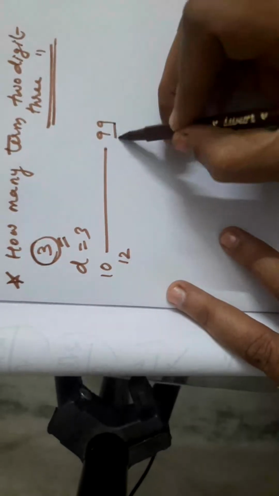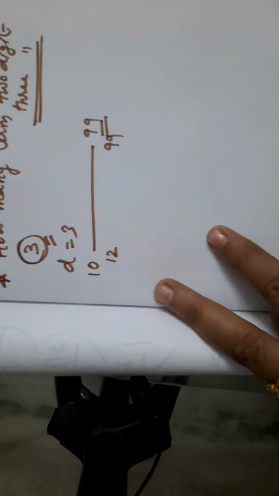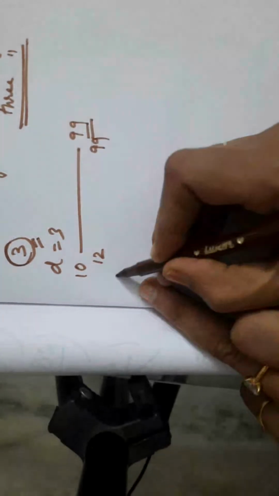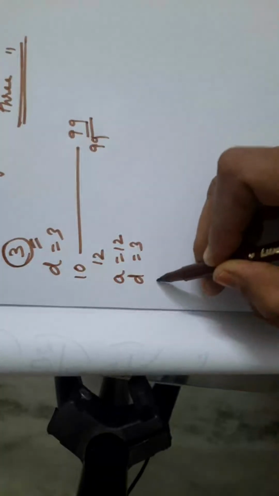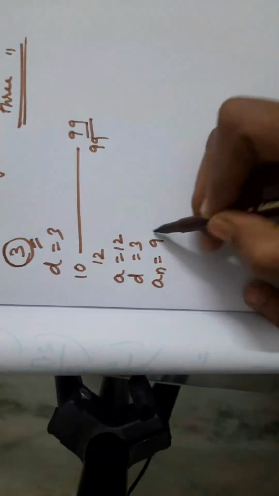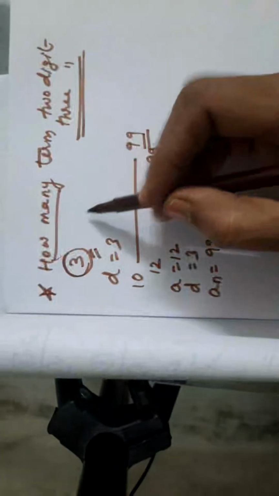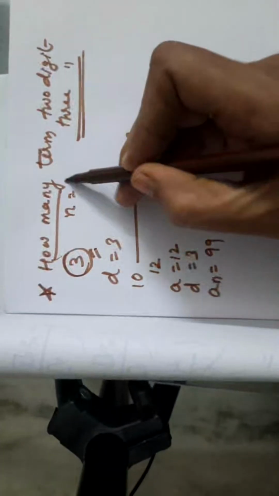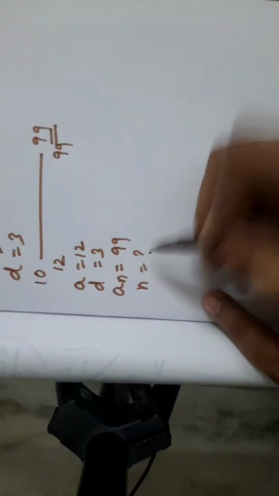Now 99 also comes in the 3 table, so the last term is 99. Here we got A is 12, D is 3 and AN, the last term, is 99. Whenever the question says how many, that represents n is the question mark. So now we need to find n.